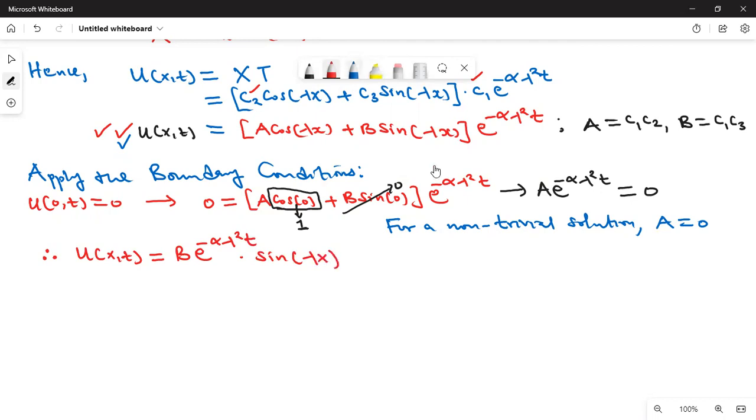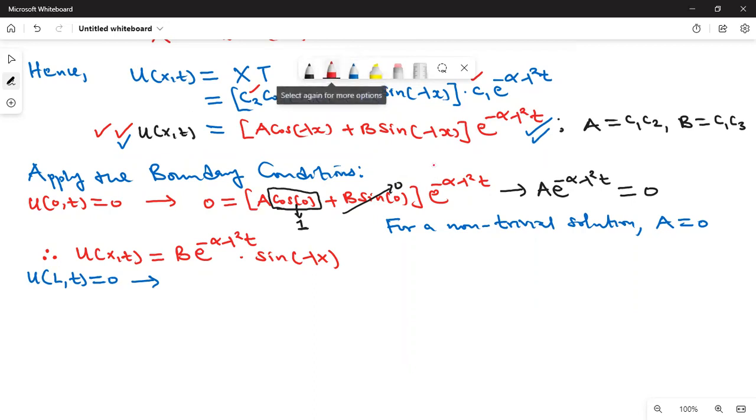I have substituted a equals 0 in this equation to get this one, the one I've written down. There's another boundary condition that we need to apply. We are told u of L,t is also equal to 0. So this means that we put x equals L so that you get u equal to 0.